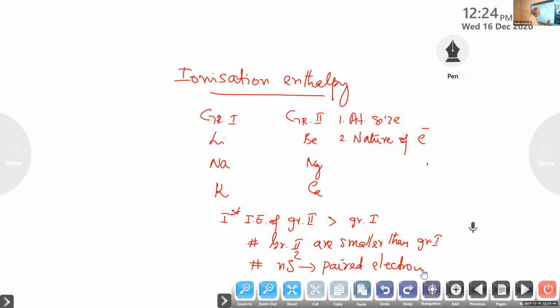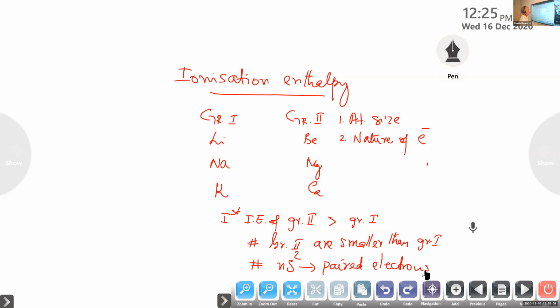So from the paired electrons, we have to remove one electron, and that requires more energy, higher energy.